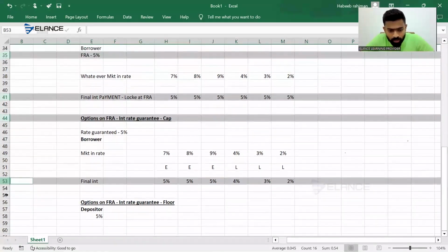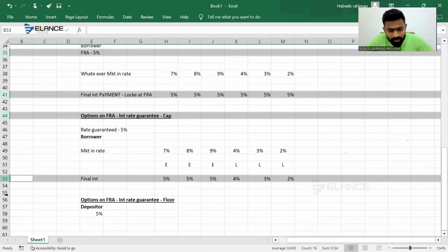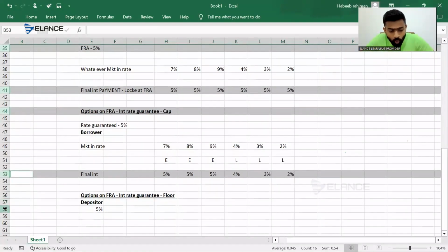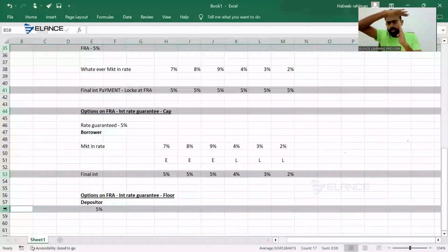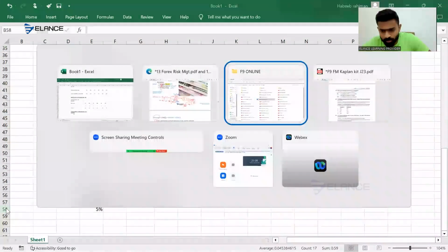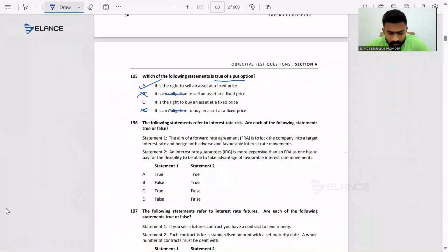If we took floor, that means the interest rate won't go below that. Hope you understood. Cap, floor. Who wants which? Borrower requires cap, depositor requires floor. Is it okay? Could you please comment? Yes or no? Based on this, we will practice a question.